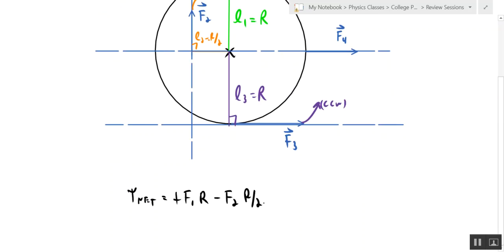F2 times the moment arm, which is R over 2. F3 is positive because it's clockwise. So that's F3 times R, F3 times the moment arm, right? And F4 is no torque, so we don't worry about it, right?